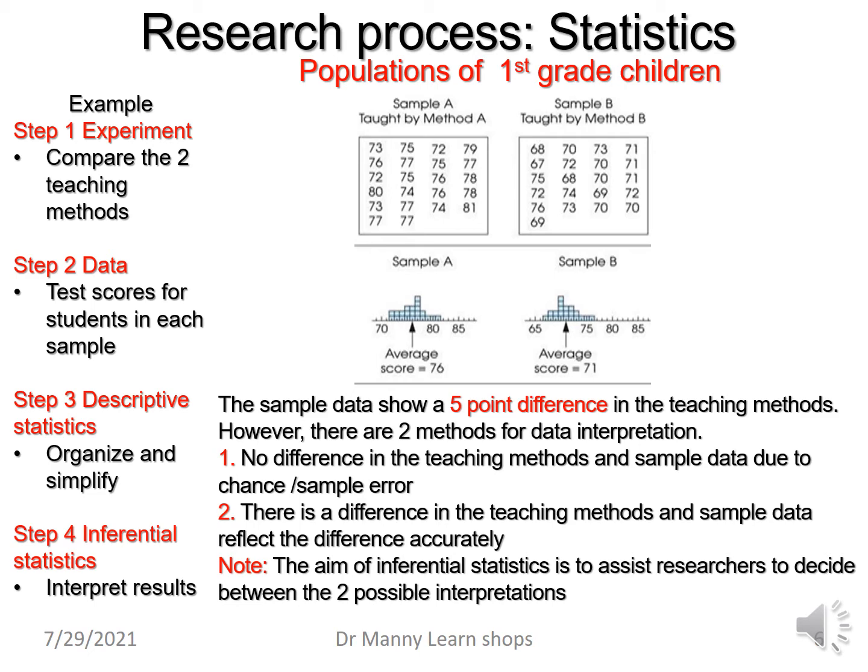In one, there's no difference in the teaching methods and the sample data is due to chance or sample error, or 2, there is a difference in the teaching methods and the sample data reflects the difference accurately. Note that the aim of inferential statistics is to assist the researchers to decide between the 2 possible interpretations.